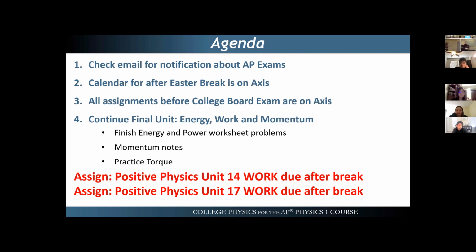So let me show you those different calendars on where they're at on Axis. The one calendar is actually, like I said, posted on the door here as well. So for those of you coming to campus, you'll be able to see it there. But looks like it's gonna make me refresh here.